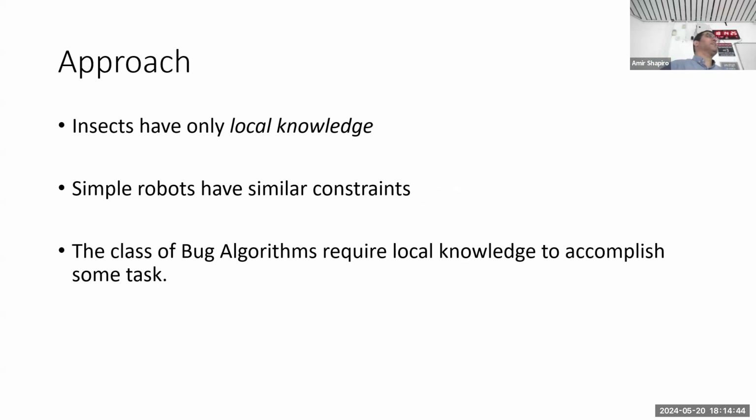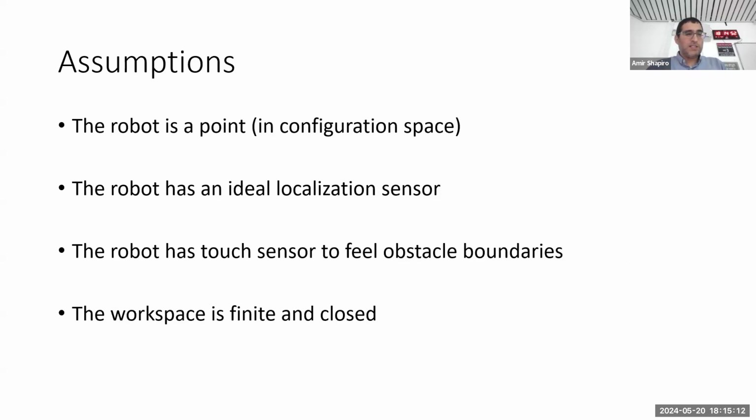And insects have only local knowledge of the environment. So it's an online motion planning algorithm. It is for simple robots with no constraints, and they require some local knowledge to accomplish some task.